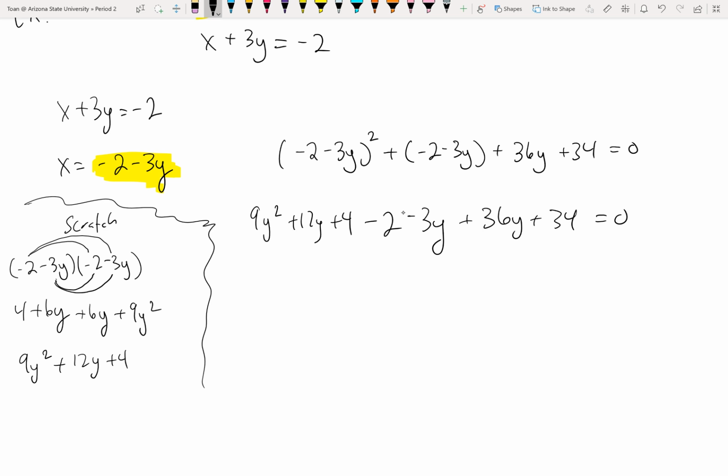Let's clean this up a bit by combining like terms. 9y squared. What like terms do we have? We have the y's here. So I have a 12y minus 3y, and I have a 36y. So that's going to be 45y. And then plus 36 equals 0.